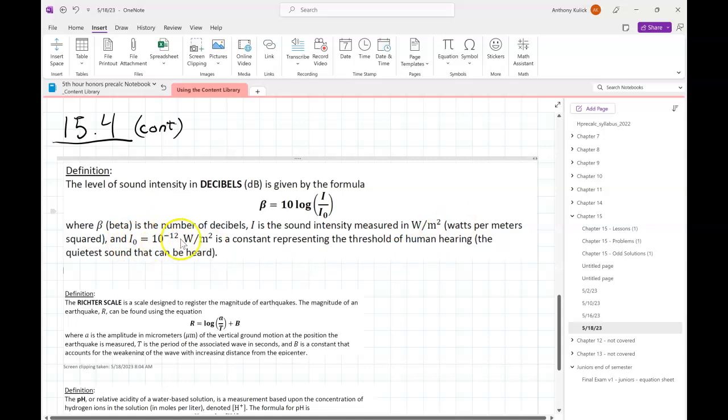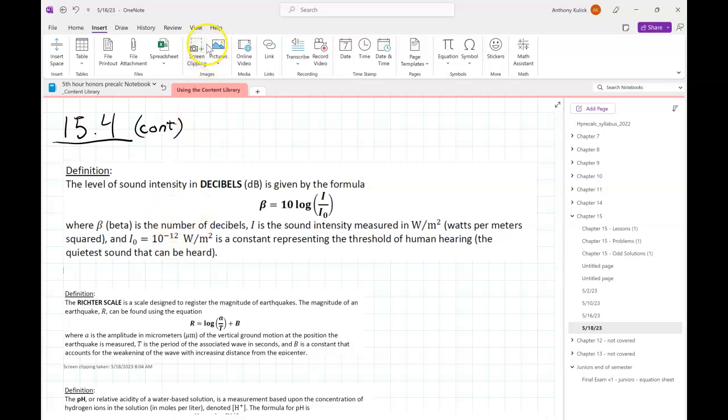It's always 10 to the negative 12 watts per meter squared. And this represents the threshold of human hearing, the quietest sound that a human ear can register. Obviously that varies individual by individual, but that's theoretical, for the physical makeup of the human ear. In theory, this should be the quietest sound it would register.